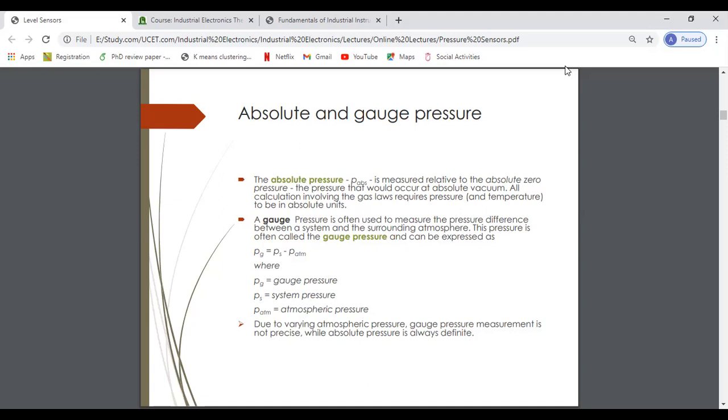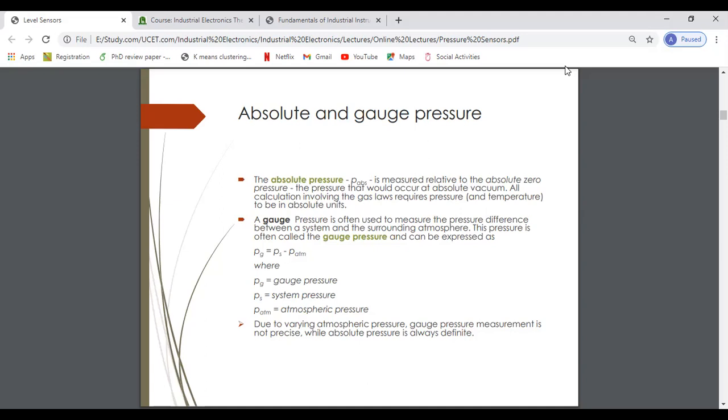If a closed vessel at the Earth's surface contained a gas at an absolute pressure of 14.7 psi, there would be no net pressure on the walls of the container, because the atmospheric gas exerts the same pressure from the outside of the walls.